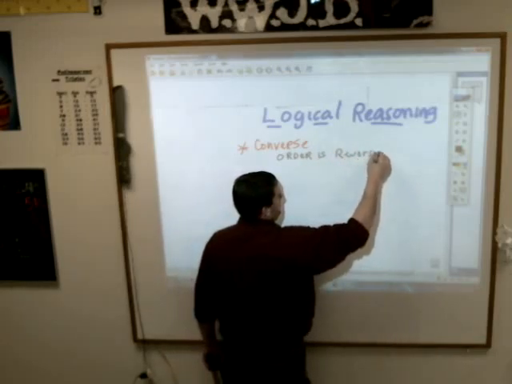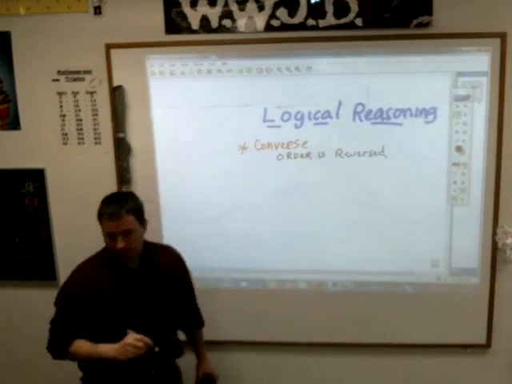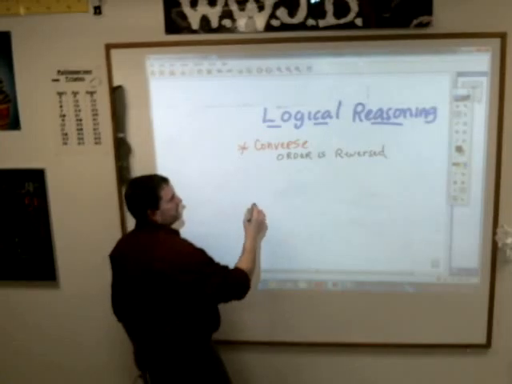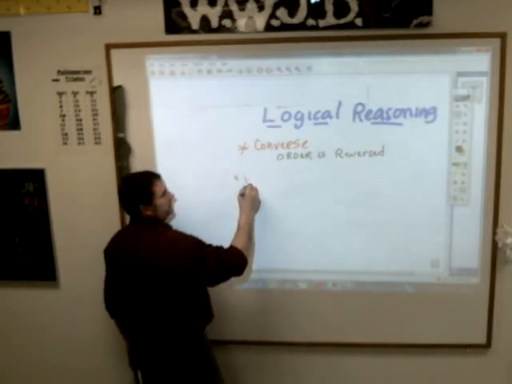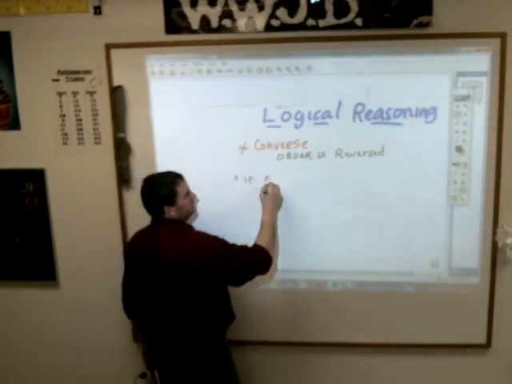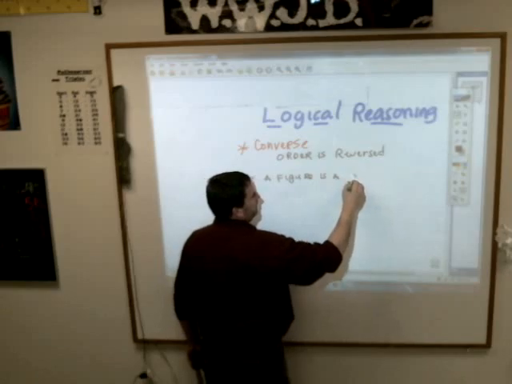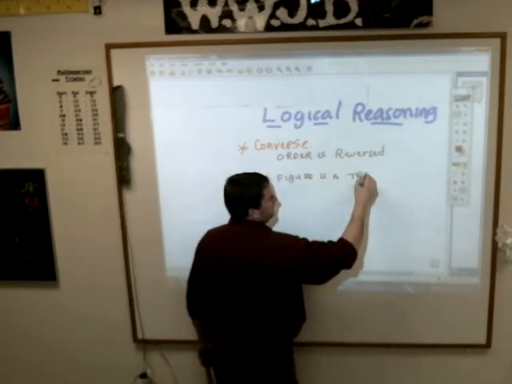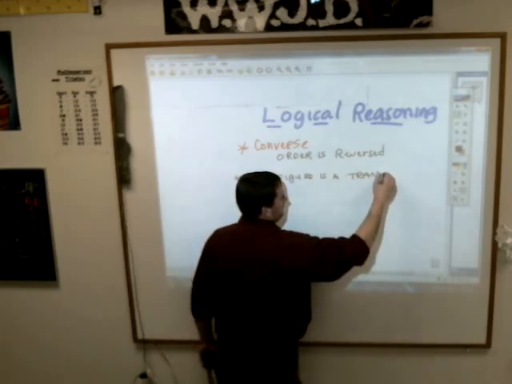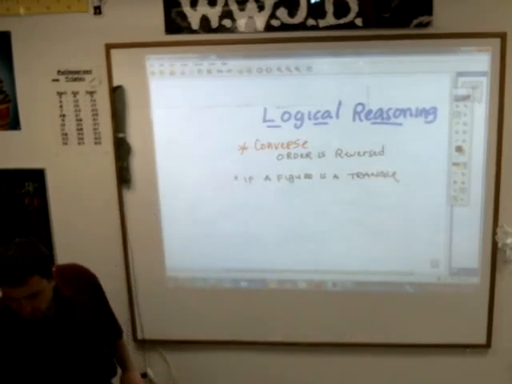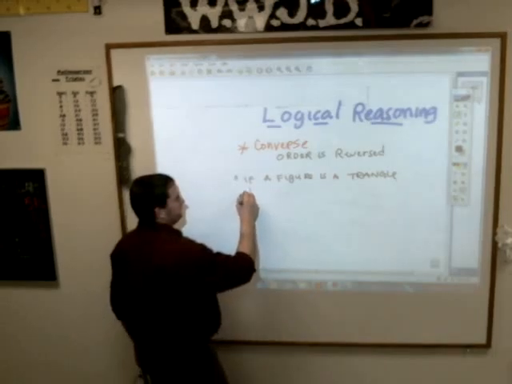In other words, let's look at the statement they give us there. If a figure is a triangle, then it has 3 sides.